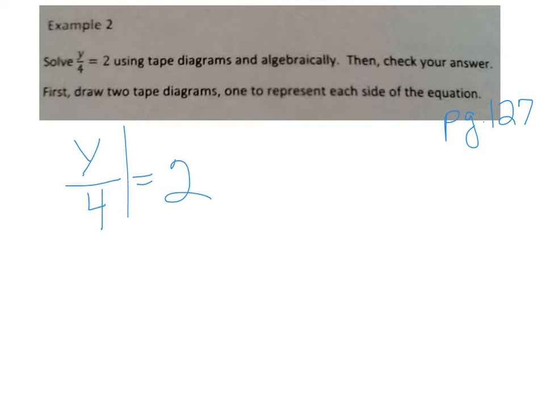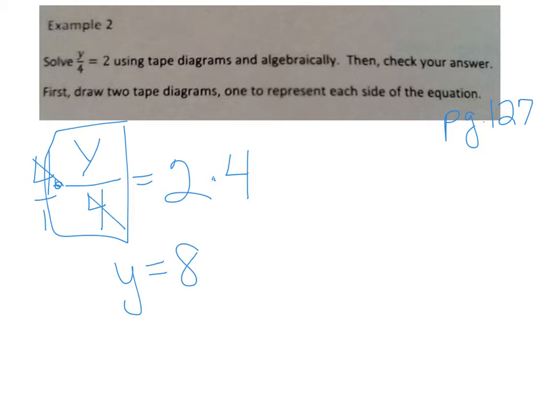If we're dividing by 4 here, now we want to multiply by 4. And if we multiply the left side by 4, we're multiplying the right side by 4. 4 over 4 equals 1, which leaves us 1y. 2 times 4 equals 8. So we believe that y equals 8, but we're going to do our check.